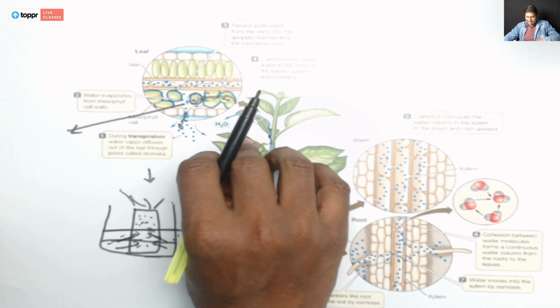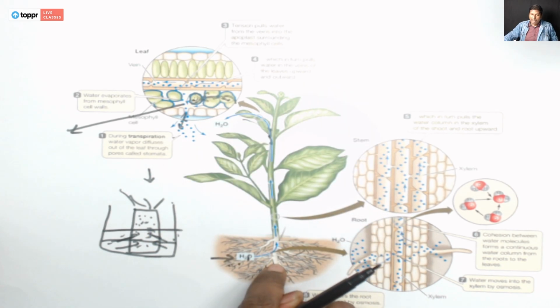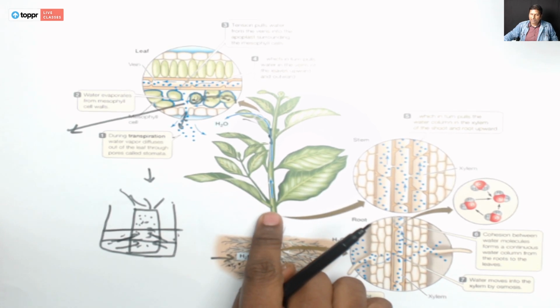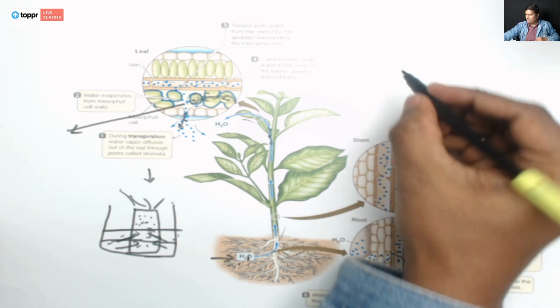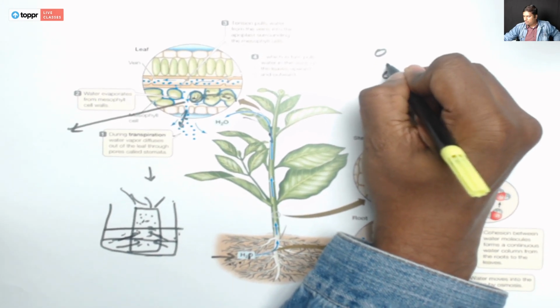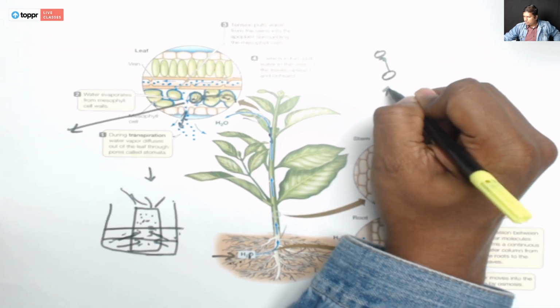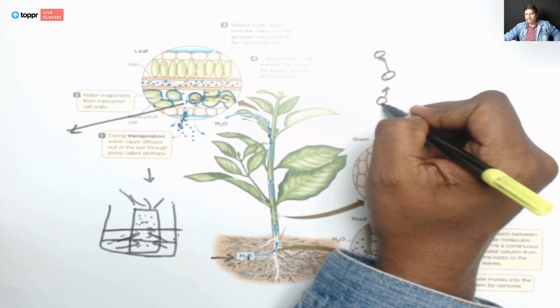This theory will work only when the cohesive forces of water are strong. Let's say this water molecule is being pulled; this water molecule is pulling this one, and this one is pulling the next.